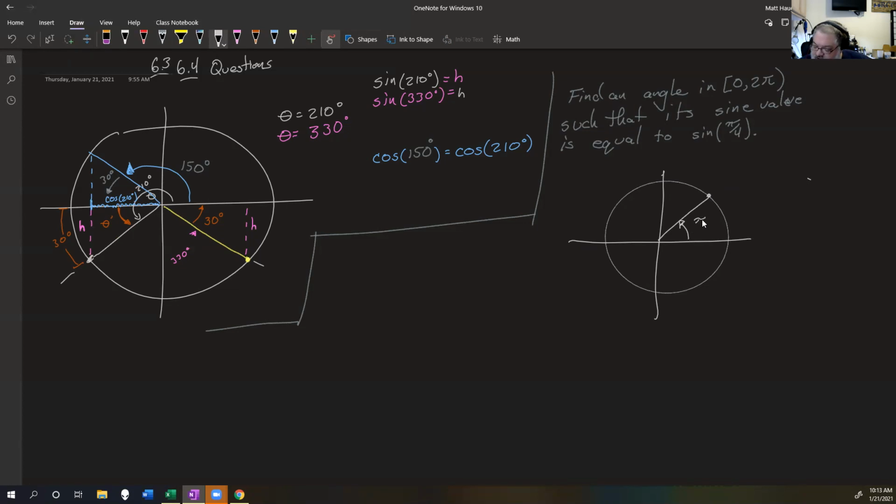So when we're solving, if we find that pi over 4 is one of our answers and we're working with sine, we have to know there's going to be another answer in quadrant 2 that has that same reference angle of pi over 4. If that little reference angle is pi over 4, what's this other angle? 3 pi over 4.